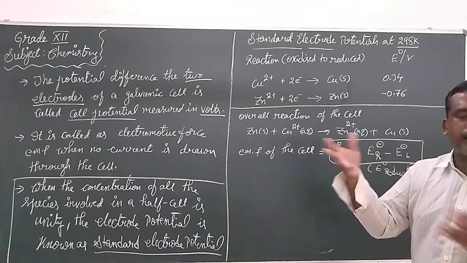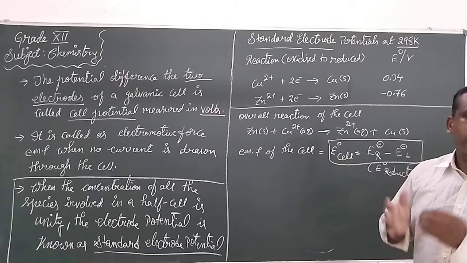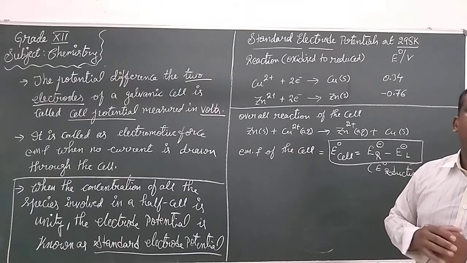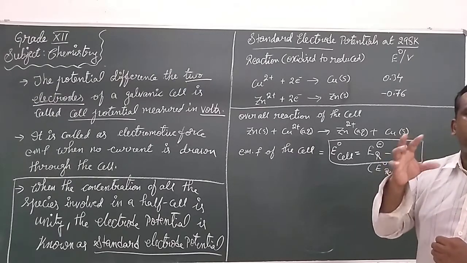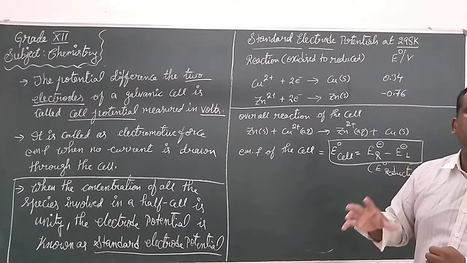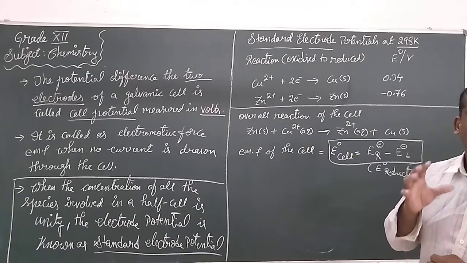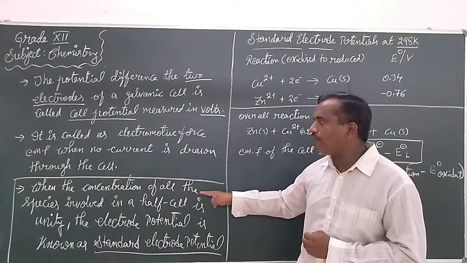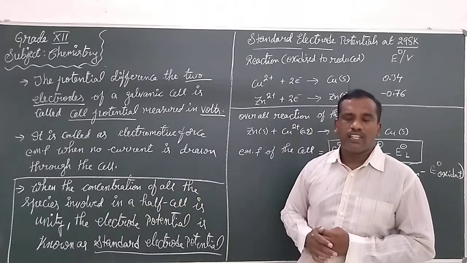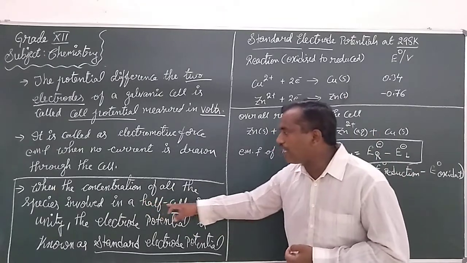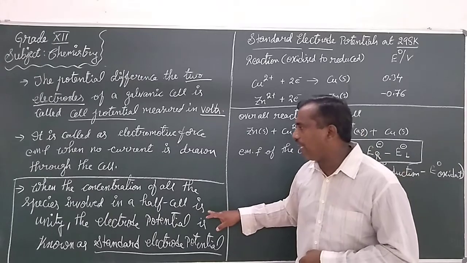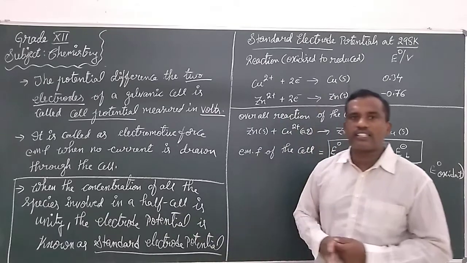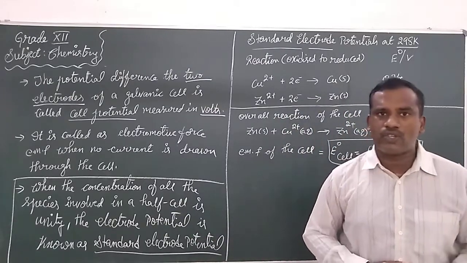When the concentration of the ions or the species is unity, that is 1, we call the potential of that electrode a standard electrode potential. See the definition here. When the concentration of all the species, that is ions, involved in a particular half cell is unity, that is 1, the electrode potential is known as the standard electrode potential.